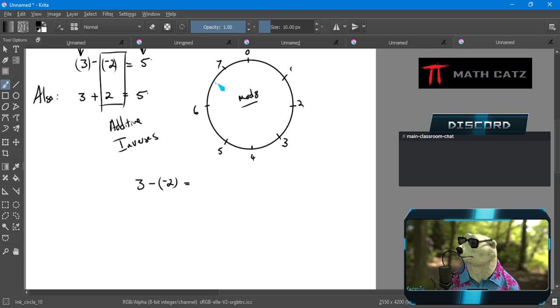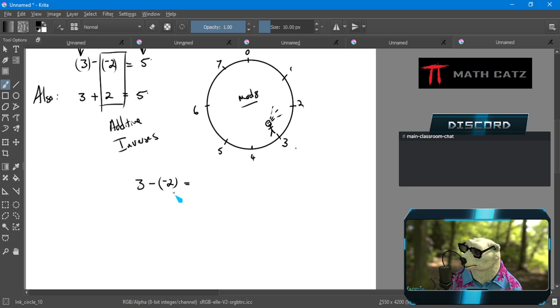Though I could still argue the number line model. I could still argue I'm at 3. I stand on the circle. I stand at 3. I subtract, which means I look to the smaller side relative to 3.